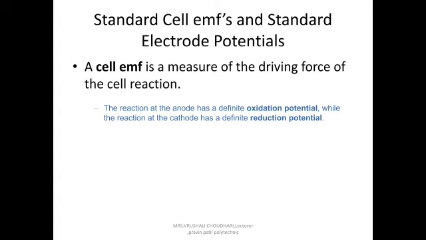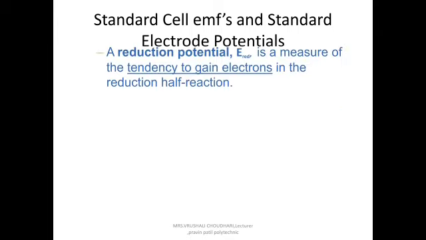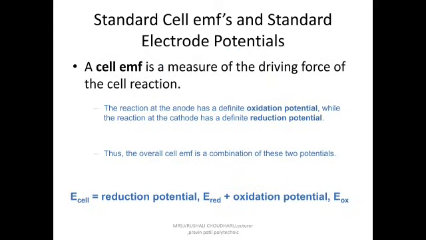The reaction at the anode has a definite oxidation potential, while the reaction at the cathode has a definite reduction potential. So the total cell potential is equal to the reduction potential plus the oxidation potential. The total cell value is E reduction and E oxidation, which we are going to measure in a practical.